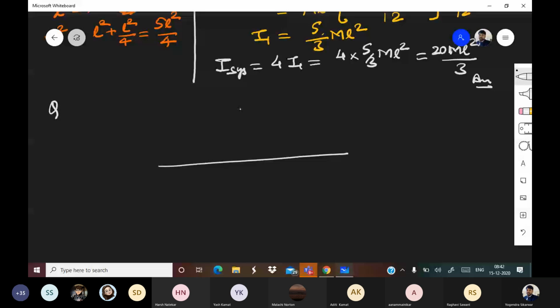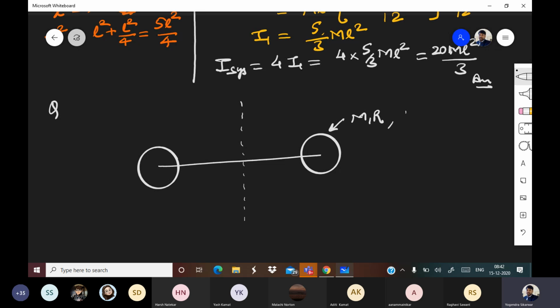Basically there are rods, and M are solid sphere, or let me call it M1 R1 hollow sphere.